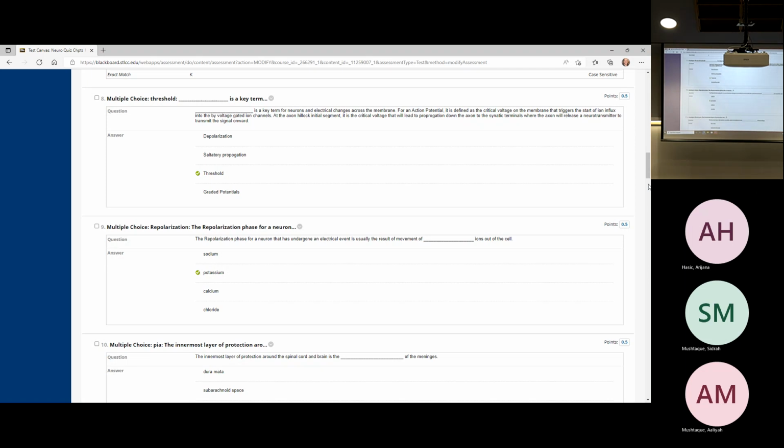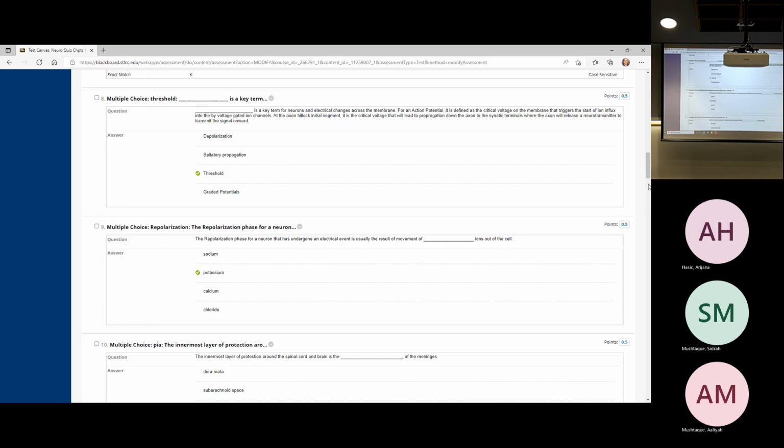For an action potential, it's the critical voltage on the membrane that will trigger the start of ion influx by the voltage-gated ion channels at the axon hillock segment. It is a critical voltage that will lead to propagation down the axon to the synaptic terminals, where the axon will release neurotransmitter. What is that critical thing? That is threshold.